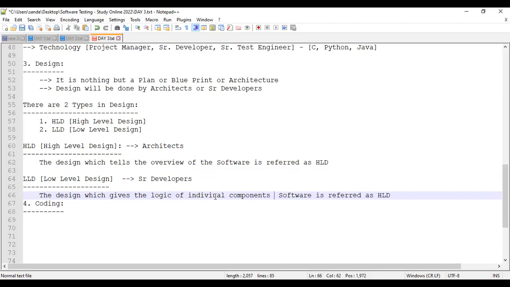The design which gives the logic of individual components of the software is referred to as low level design. Very good. Low level design.